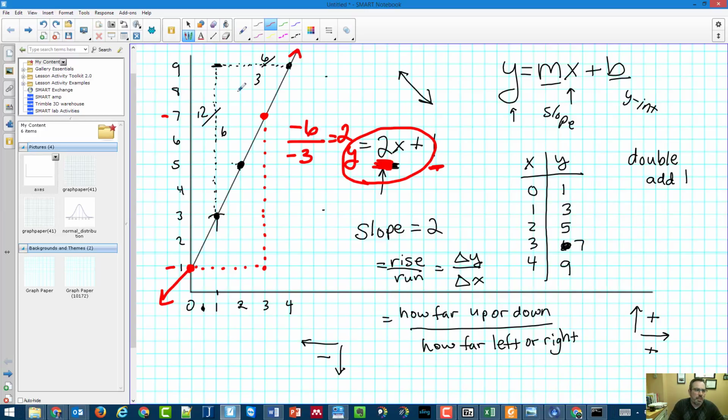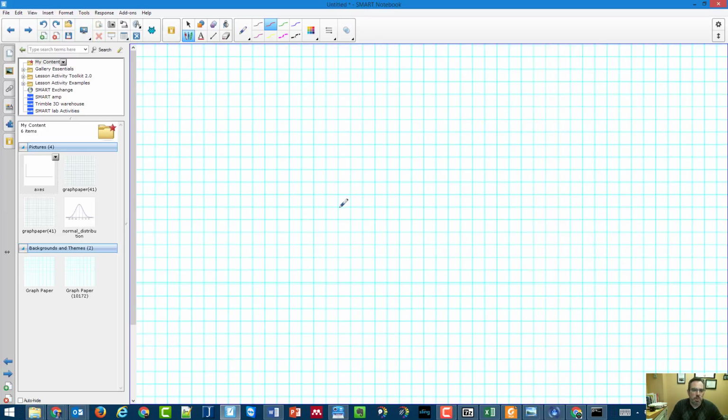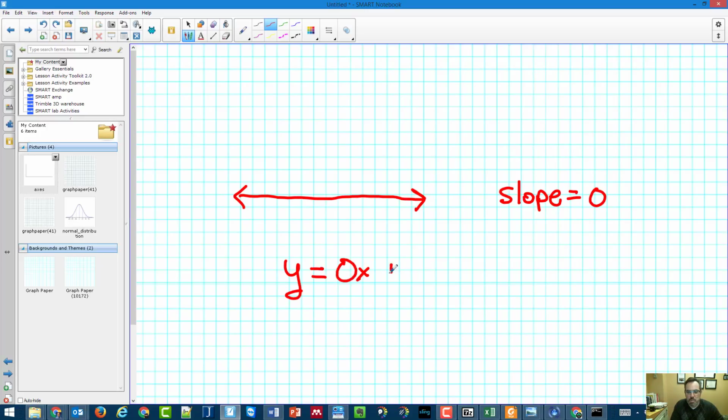There's a couple other things to keep in mind when you work with a slope. If you ever have a line that goes straight across, that has a slope of 0. So I might have an equation like y equals 0x plus 3. What that equation really means is y will always be equal to 3.